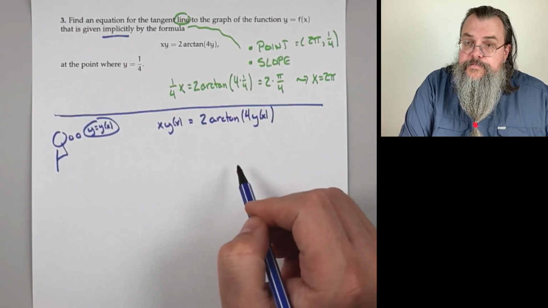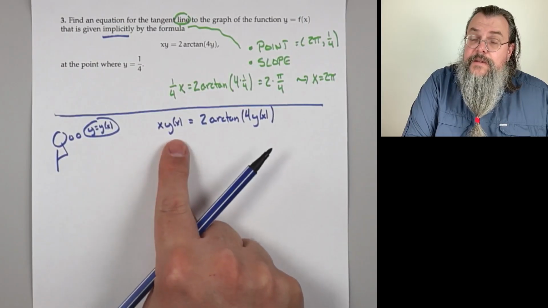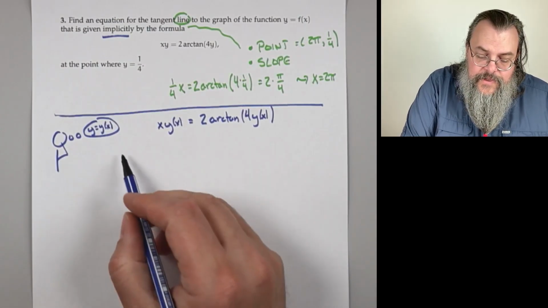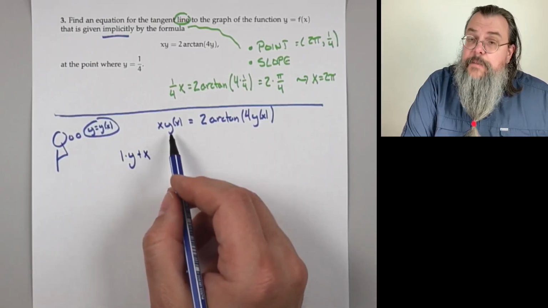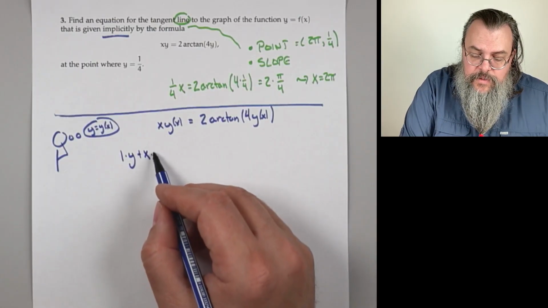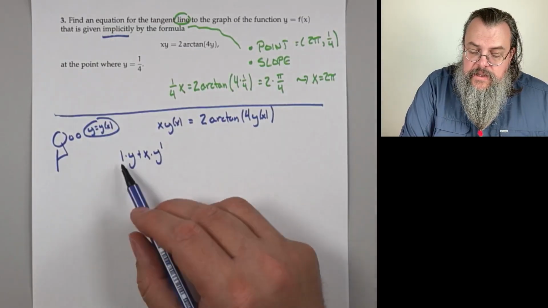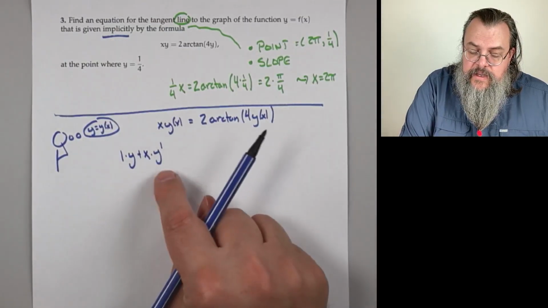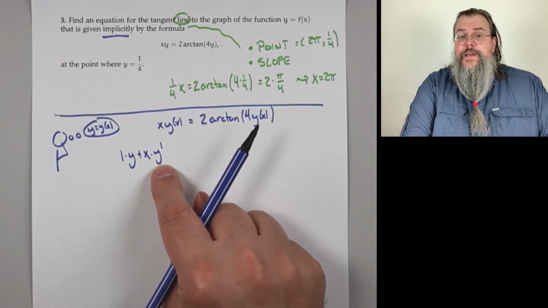So derivative on the left-hand side, two things multiplying, product. So derivative of the first times the second plus the first times the derivative of the second, which we will denote as y prime. Okay, that's the left-hand side. And here the key is, I don't know what y is. I don't know what y prime is, but that's okay.